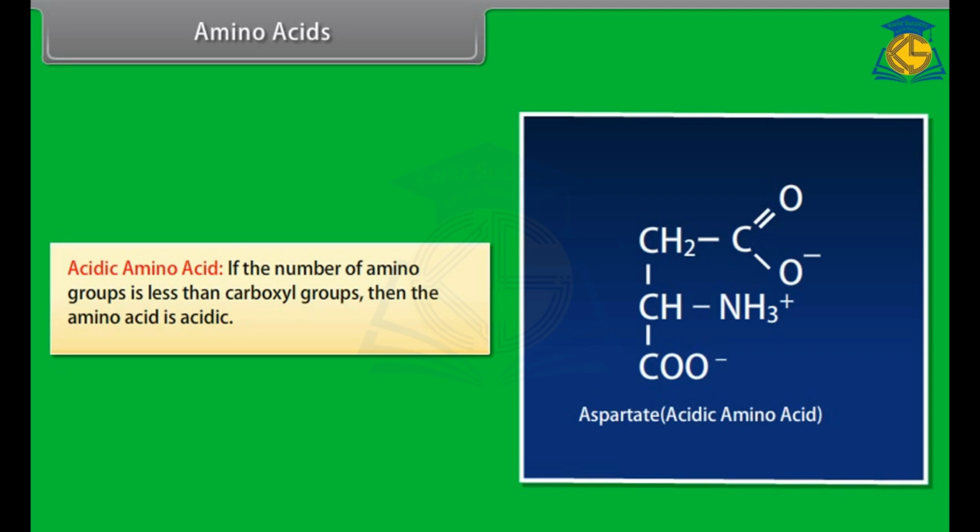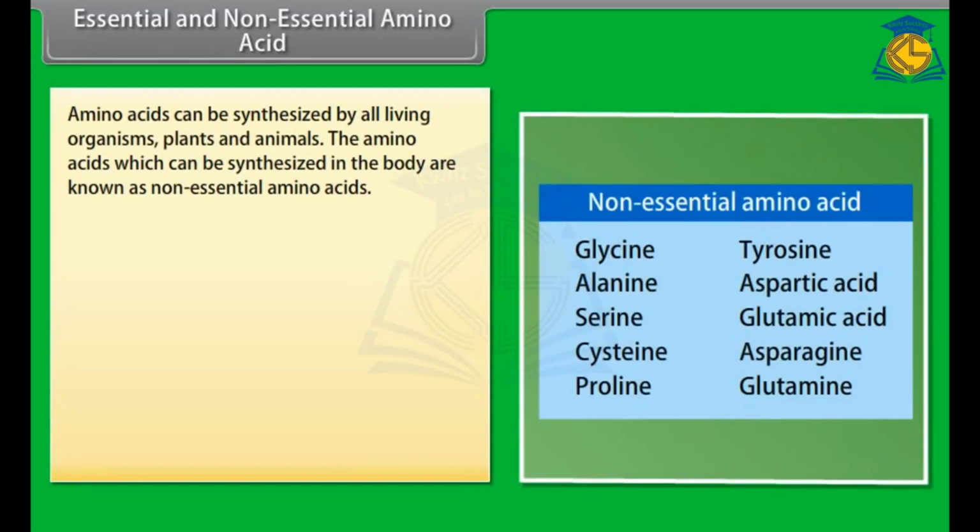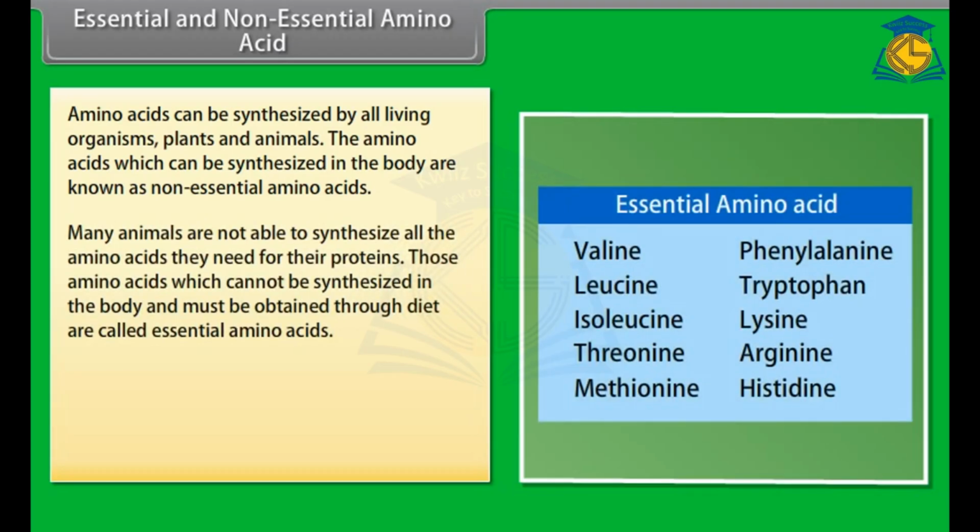For example, aspartate. Essential and non-essential amino acid. Amino acids can be synthesized by all living organisms, plants, and animals. The amino acids which can be synthesized in the body are known as non-essential amino acids. Many animals are not able to synthesize all the amino acids they need for their proteins.